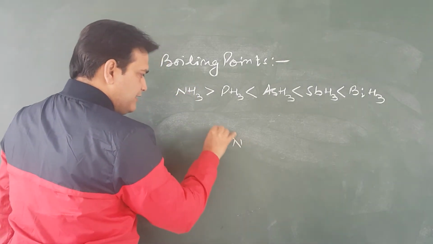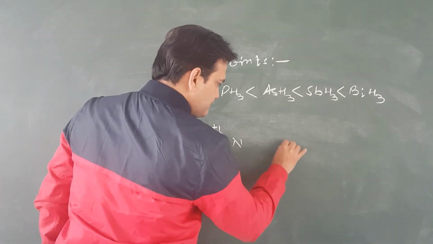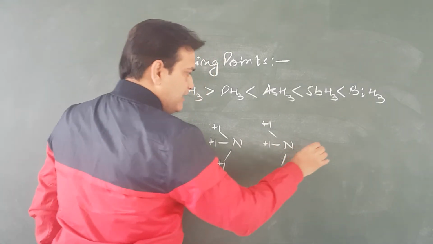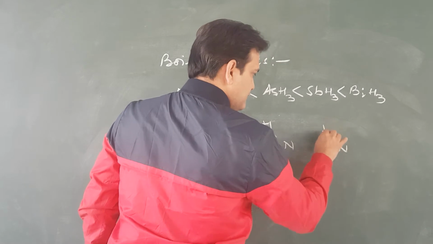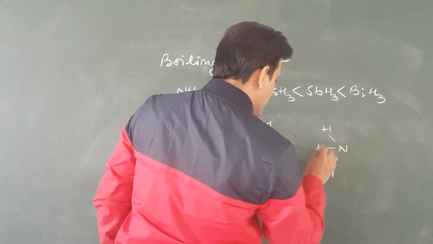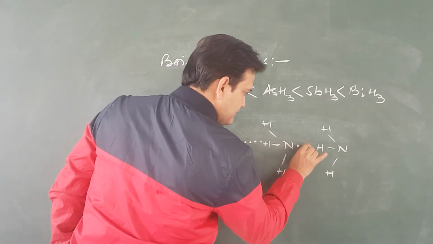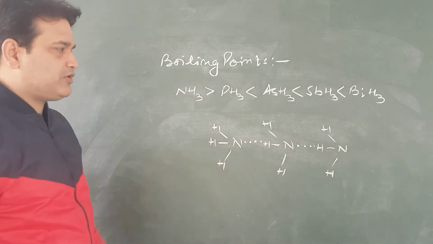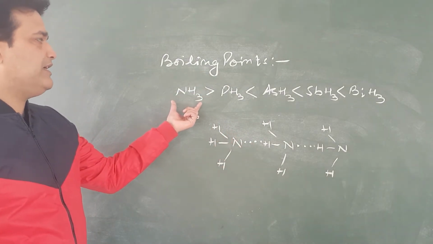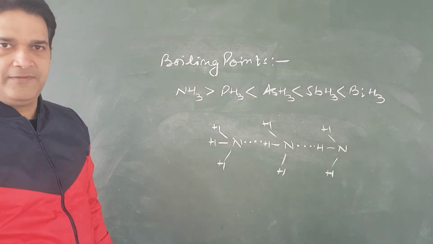Because in ammonia molecules, there is hydrogen bonding between N and H. Due to this hydrogen bonding, the boiling point of ammonia is higher in comparison to PH3 or AsH3, etc.